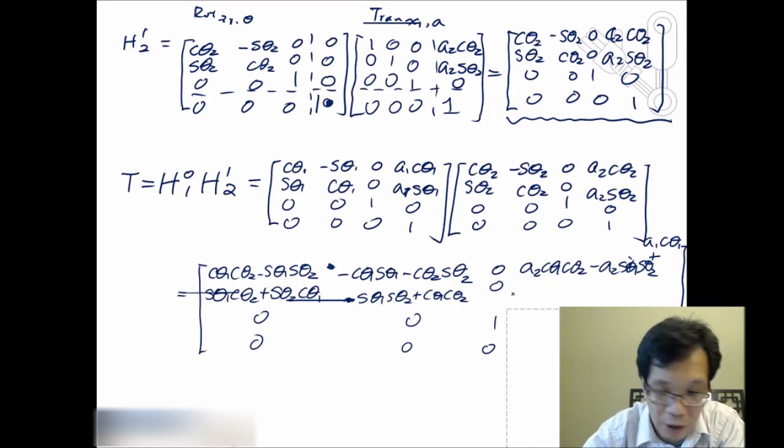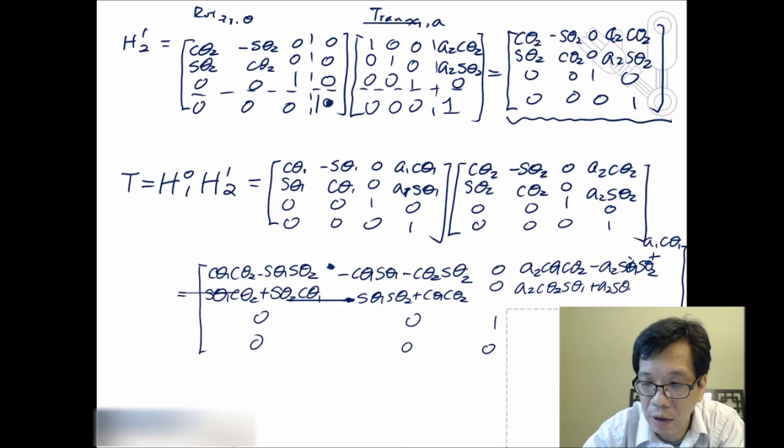Second component over here is going to be a2 cosine theta 2, sine theta 1, plus a2 sine theta 2, cosine theta 1, plus a1 sine theta 1. The other two components are 0 and 1.